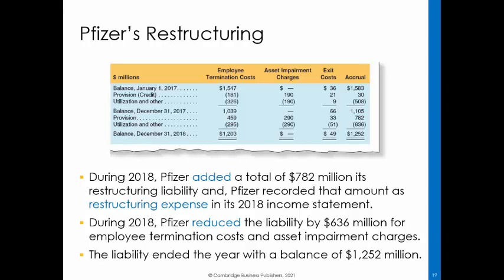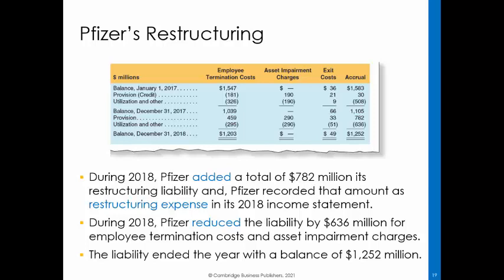Companies must also report the changes in the restructuring liability for the year, which Pfizer reports separately for the 3 types of restructuring costs. During 2018, Pfizer added $782 million to the liability, which was included in the 2018 income statement, with additional costs relating to other acquisitions for a total of $1,044 million.